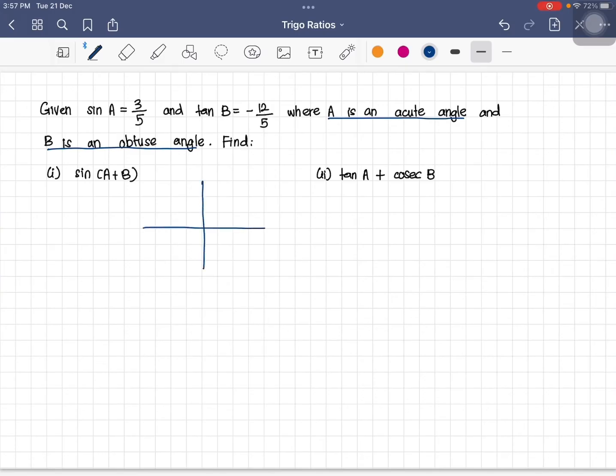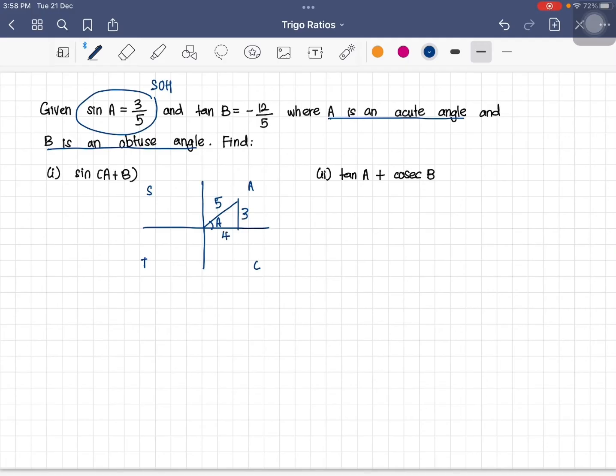Actually, you have to use CAST quite a lot for this type of questions. So A is an acute angle, meaning that it will be in the first quadrant. So this is your A. Because we are given sine of A, which is 3 over 5. Sine is opposite over hypotenuse. So opposite of A is here, 3, and hypotenuse should be 5. So by Pythagorean triple it should be 4 here.